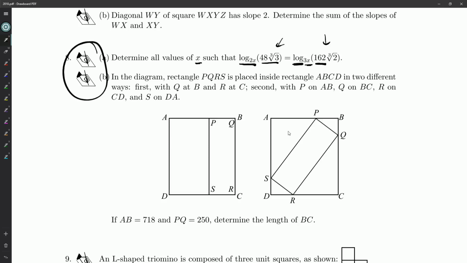So, if you need a refresher, log base p of q is equal to r means exactly the same thing as p to the r is equal to q. Basically, you're asking, what do I have to raise p to in order to get q?